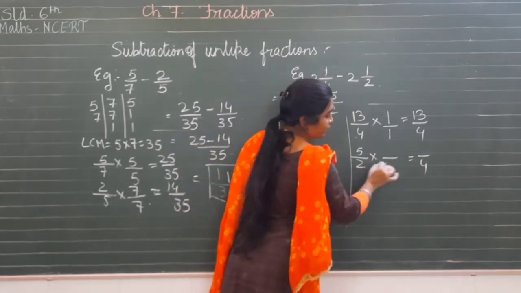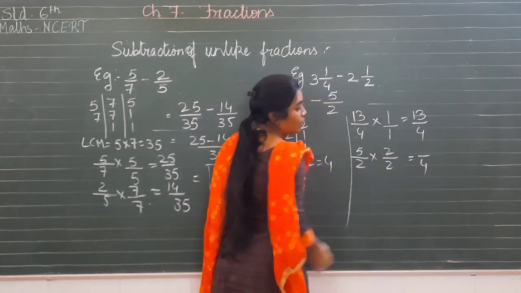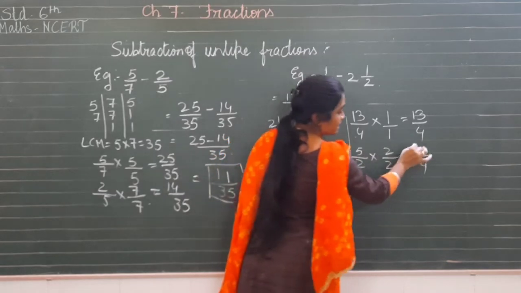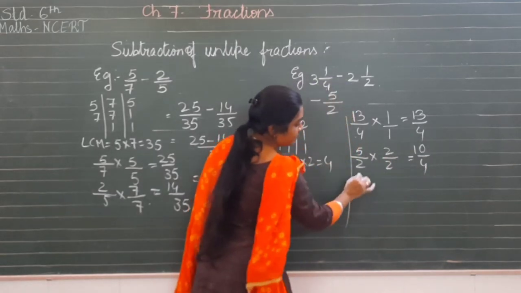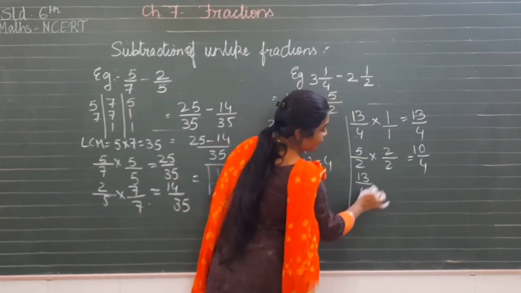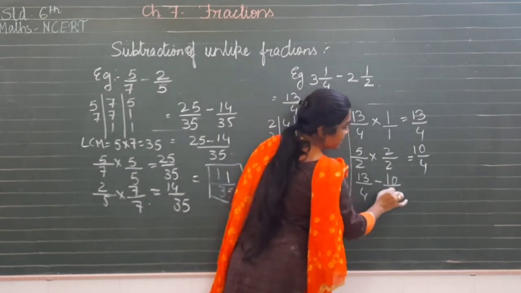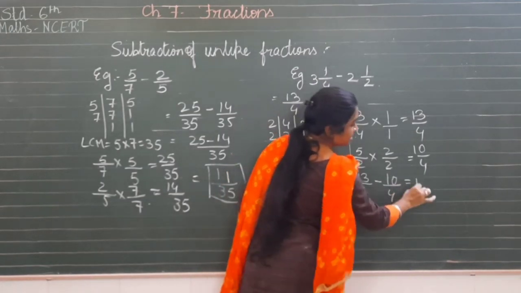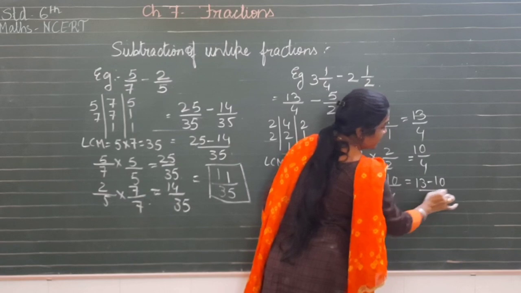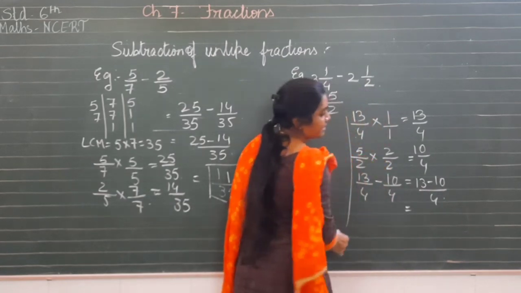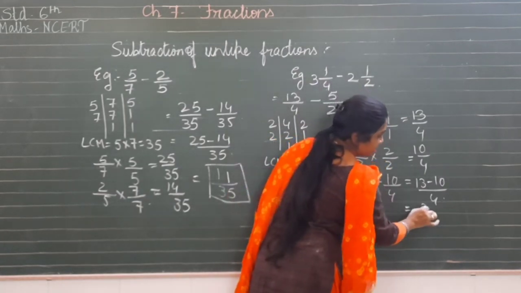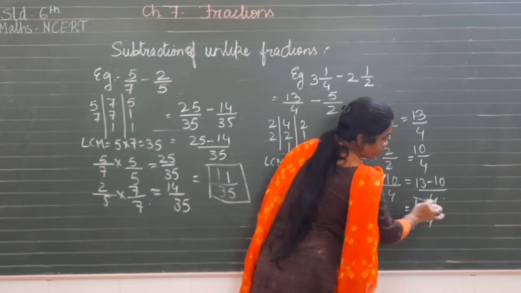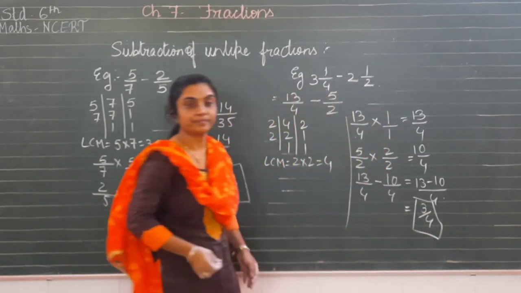To make it equivalent, 2 2s are 4, same number in the numerator also. 5 2s are 10. Now let us subtract: 13 upon 4 minus 10 upon 4, that is 13 minus 10 upon 4. 13 minus 10 is 3 upon 4, which is the answer.